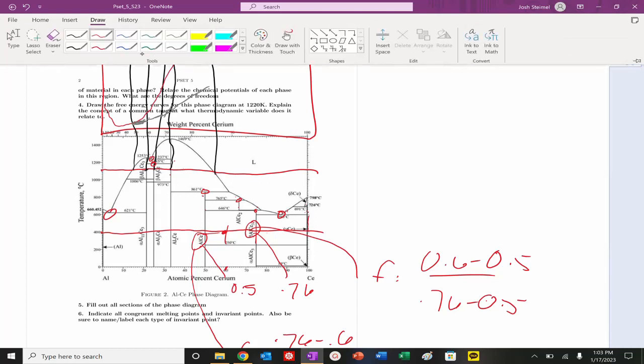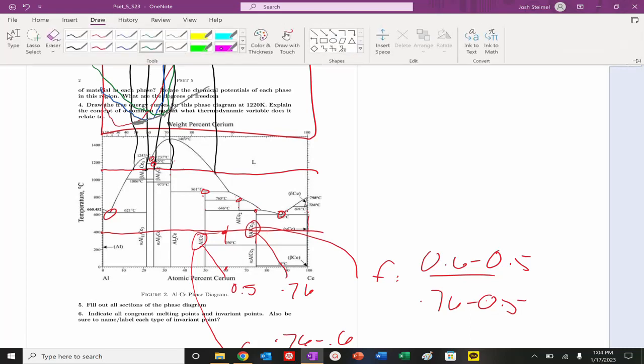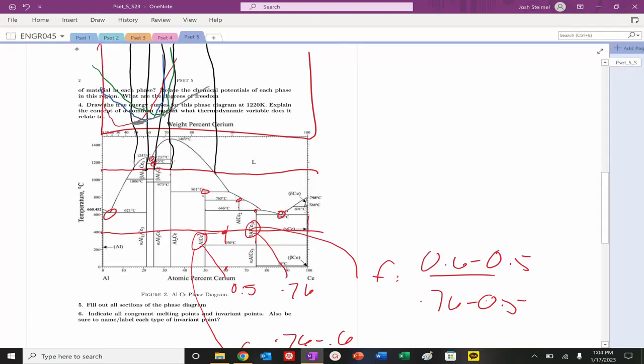And then the next phase comes out, has to touch here, common tangent, has to touch there, common tangent, and then gone. Next phase, going here, again touch the common tangent over here, touch the common tangent there, and then gone. And then another color, over here, touch the common tangent here, touch the common tangent here, gone.